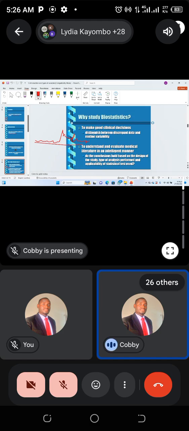Biostatistics will also help us to understand and evaluate medical literature in an intelligent manner. Have we done research method? Yes, great.